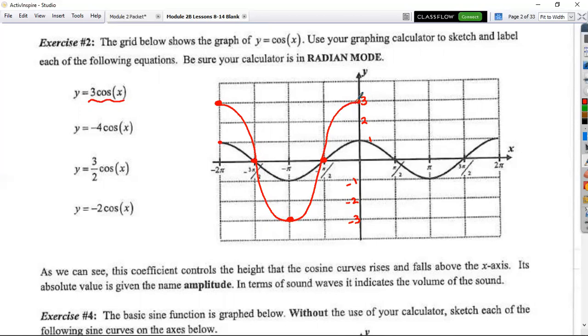Now, aren't I just going to repeat the same thing on the other side? Yes. So this one is at 0. This is down at -3. And then 0 and 3.